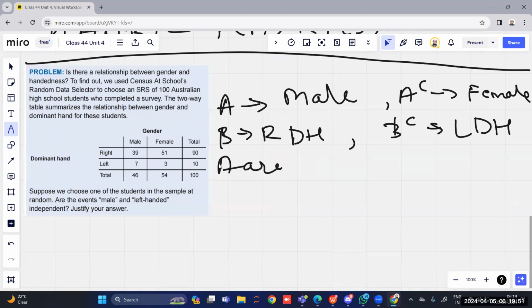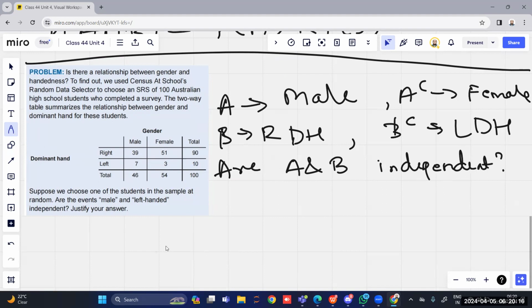The question is, are A and B independent?